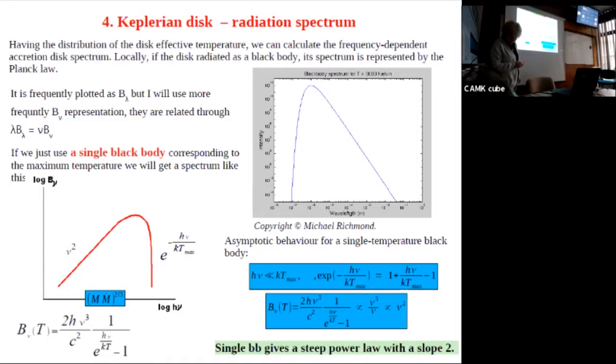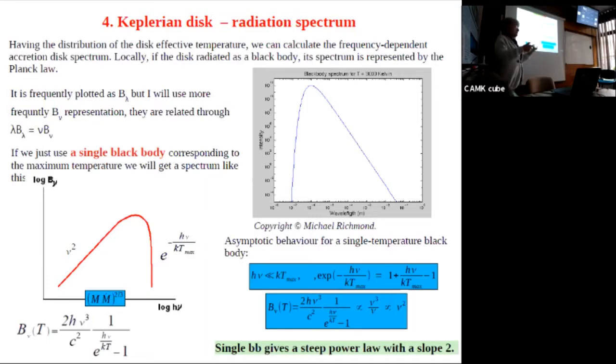Okay, now a more advanced and difficult thing, which is still based on what we derived. Because if we have flux at each radius of the disk, we are ready to calculate the spectrum of the disk, or the wavelength dependence of the emitted radiation.